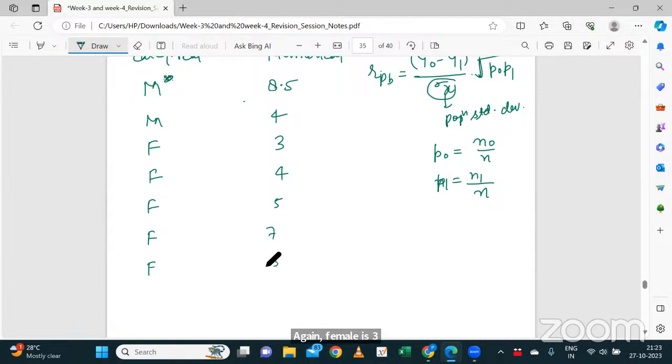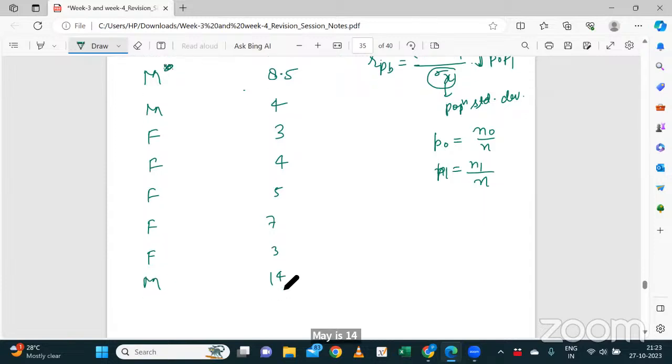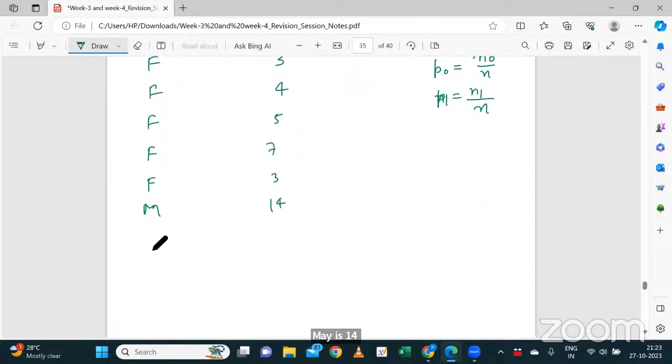Male is 14, then again male is 3.5, again male is 10. And last, female is 4.